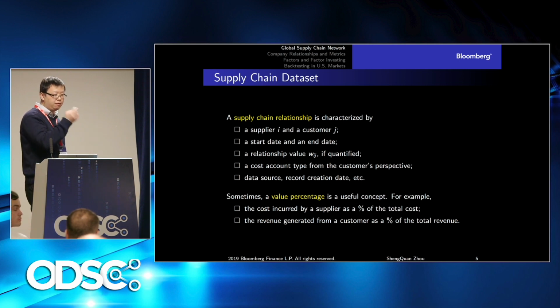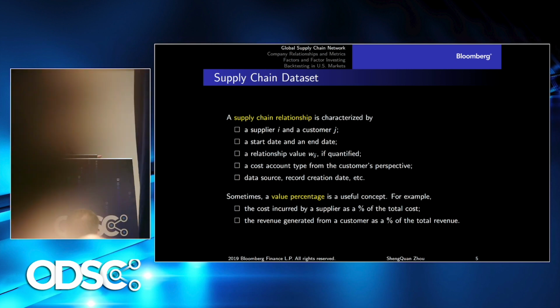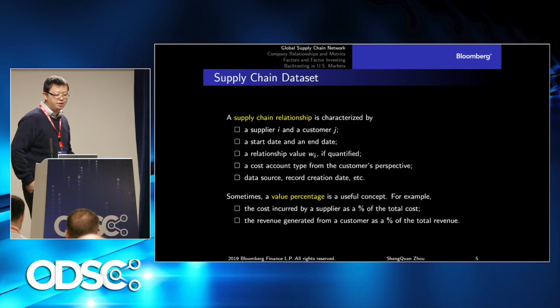From the customer's perspective, there's a cost account associated with the relationship. It could be COGS, a CapEx account, or R&D cost, etc. And there is other metadata around it, like data source, when the record was created, and when it was updated.